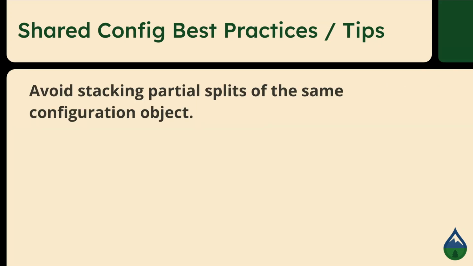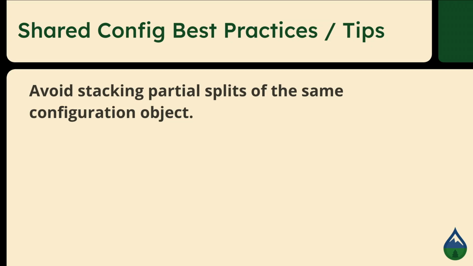Next thing, avoid stacking partial splits on the same configuration object. I briefly mentioned that you can stack splits and have multiple splits add or change configuration before it gets saved into the active configuration. Partial splits, remember, change just individual keys. They'll record differences on keys.